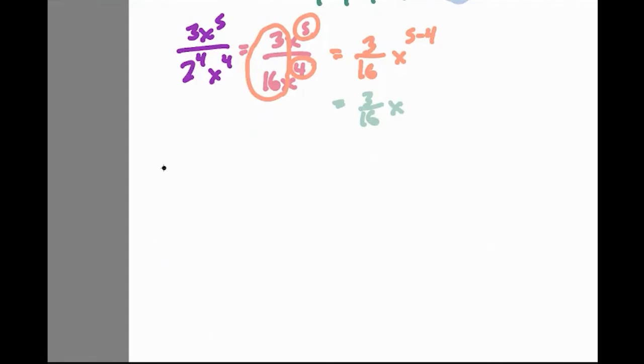Okay, number 3, this one's a good one. 3 over x squared to the negative 3 power. There are multiple ways of doing this.